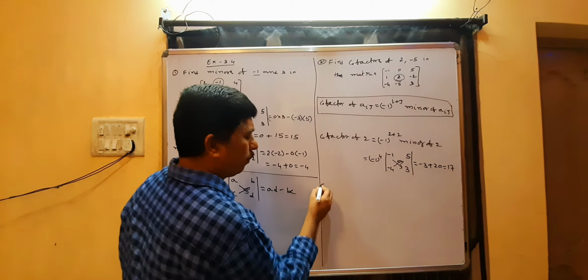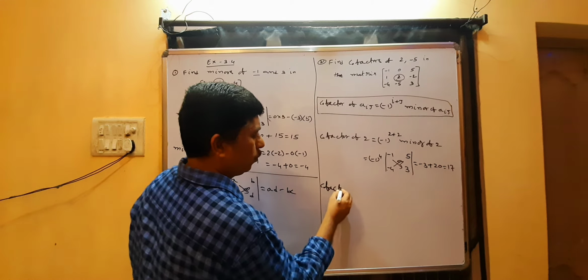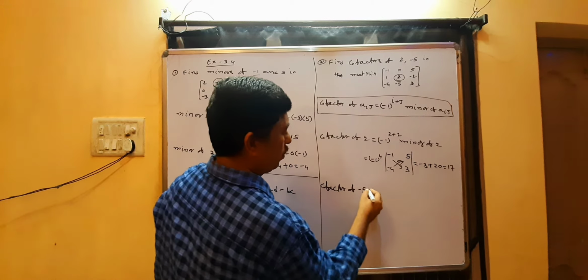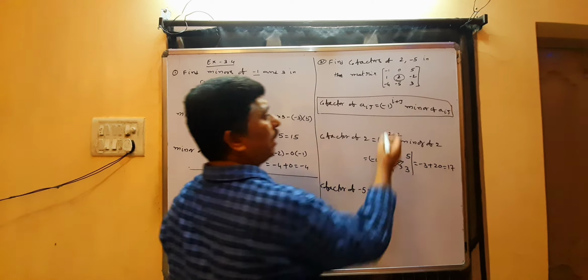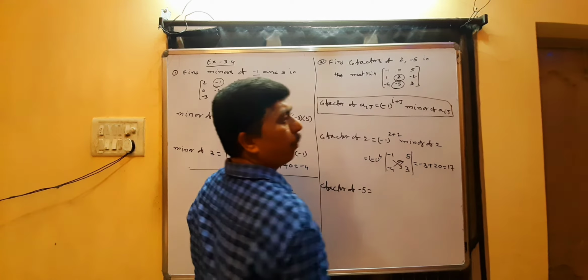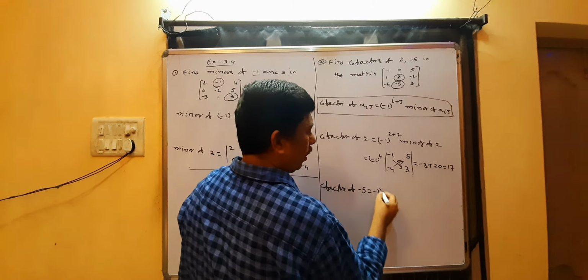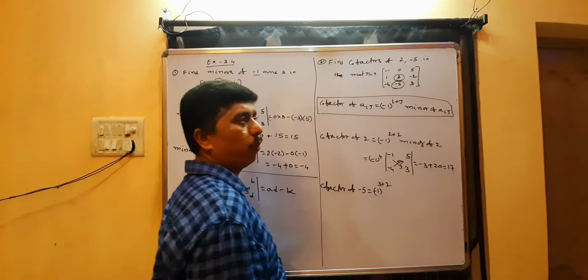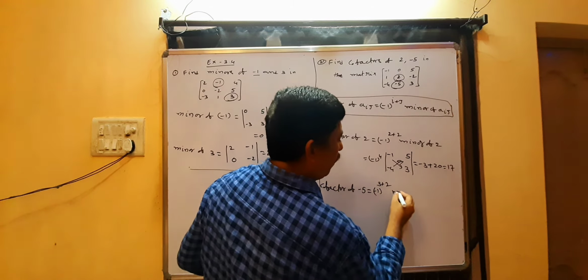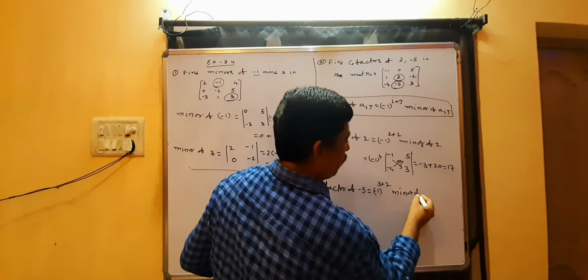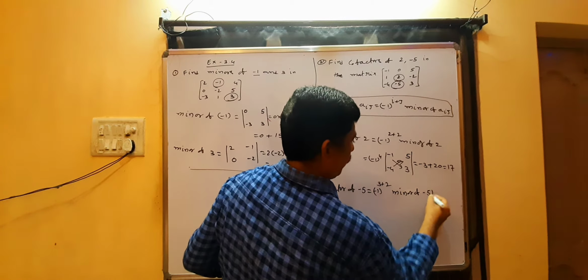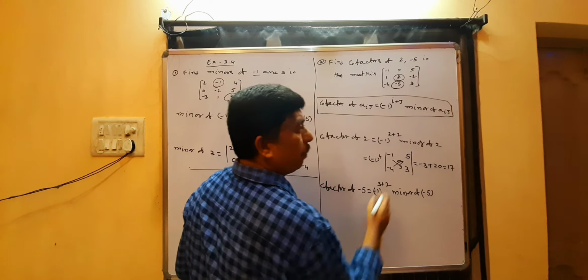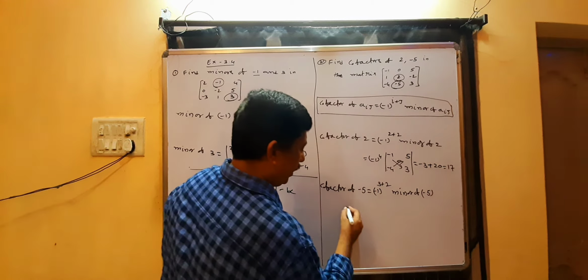Next, the cofactor of -5. -5 lies in the third row, second column. So (-1) to the power 3 plus 2 into the minor of -5. 3 plus 2 is 5, and (-1) to the power 5, an odd number, is minus.